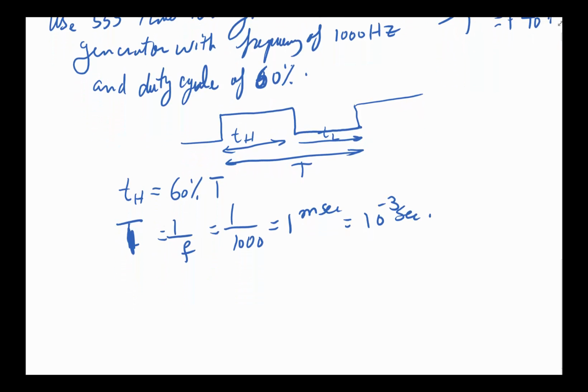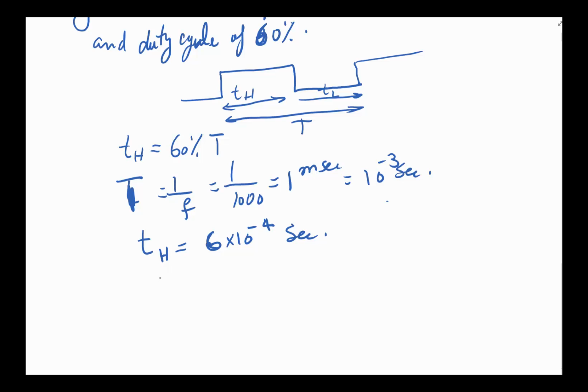So that tells us that T high has to be 60% of that, so it's going to be 6 times 10 to the minus 4 second. If we know T high, we know the rest of the period, so T low is going to be the period minus the piece that is high, which gives us 4 times 10 to the minus 4 second.